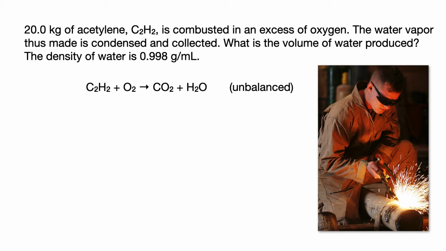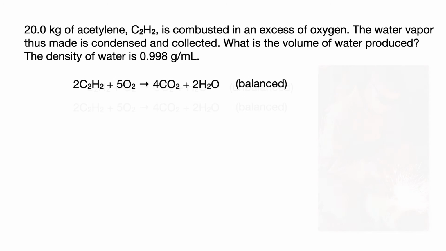Now this is an unbalanced chemical equation, and before we can use this for a stoichiometry problem, we are going to need to balance this. So I went ahead and balanced the equation, and what we end up with is 2 moles of acetylene plus 5 moles of oxygen gas will react to produce 4 moles of carbon dioxide and 2 moles of water.